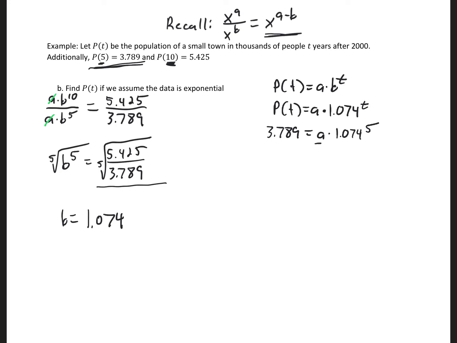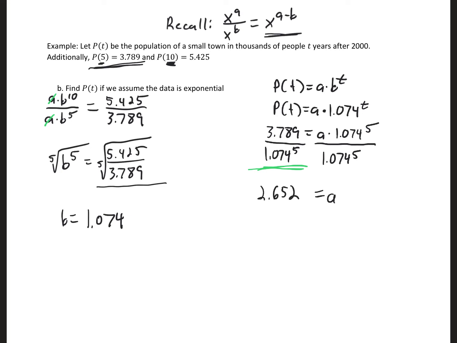Since that's multiplication, we're just going to divide each side by 1.074 to the fifth power. And again, you'll see me compute this value here in the calculator video below. We're going to do 3.789 divided by 1.074 to the fifth into 3 decimal places. We'll get a is 2.652.